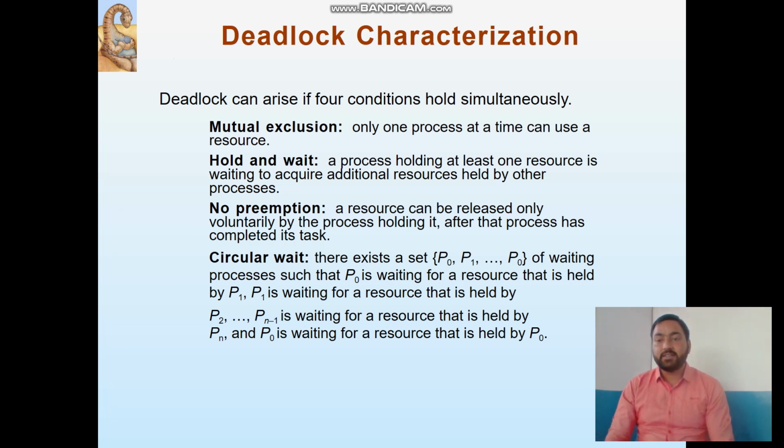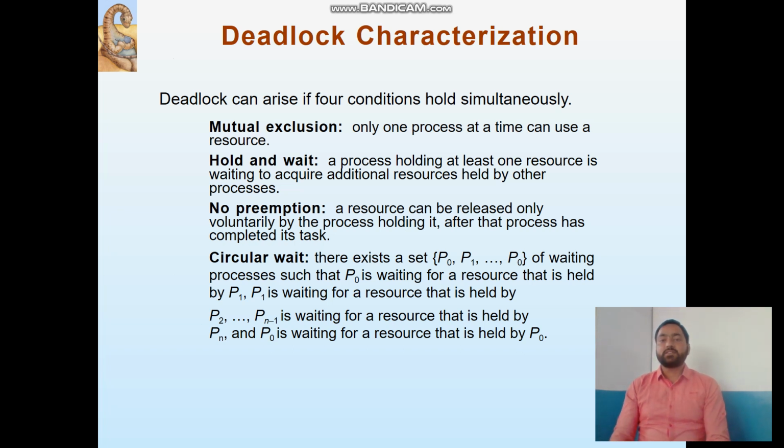Mutual exclusion is a condition which defines that one process can use one resource at a time. If we can enforce this situation, then deadlock will not happen. But if a resource is being accessed by more than one process, then it can lead to the condition of deadlock.